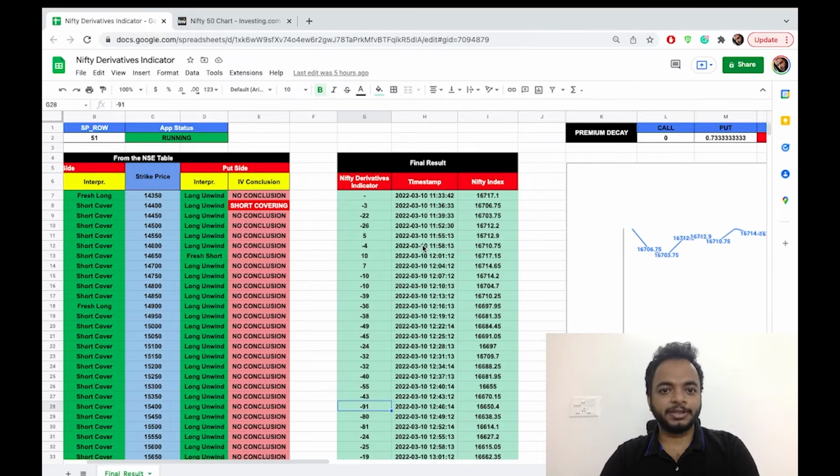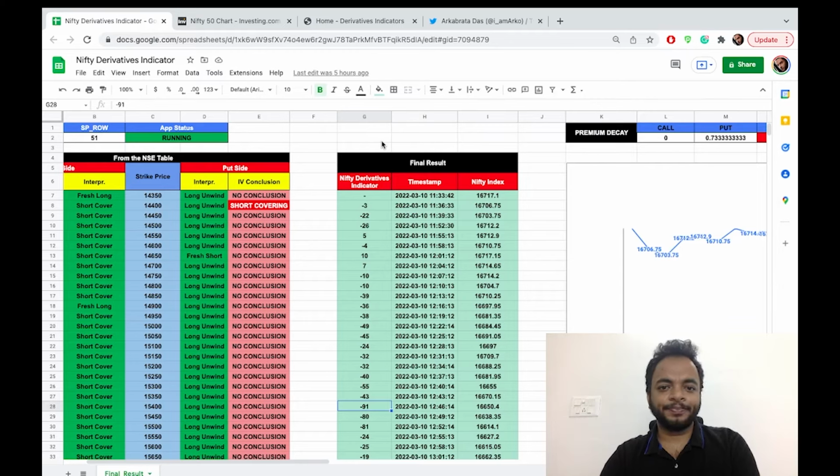I'll be providing this sheet in a viewable format to my members. These indicators have been built in Python, with thousands and thousands of lines of code and a huge pile of data on which the computation runs, and it's not possible for an individual to run it on their system. You need a very powerful system.